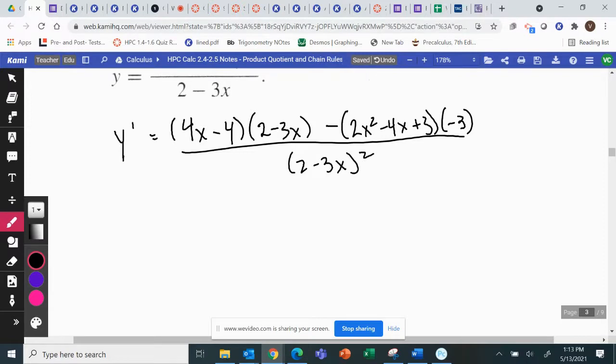How's the speed? Am I going too fast with my first step? Okay. All right, so let's do some FOIL. I tend to make more mistakes when I talk, so I'm just going to FOIL without talking.